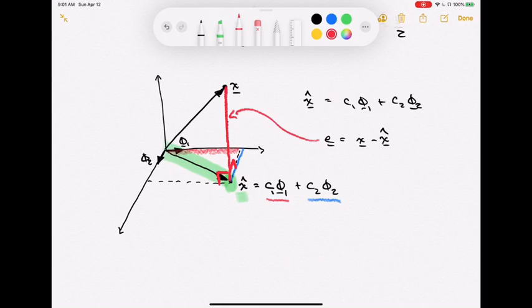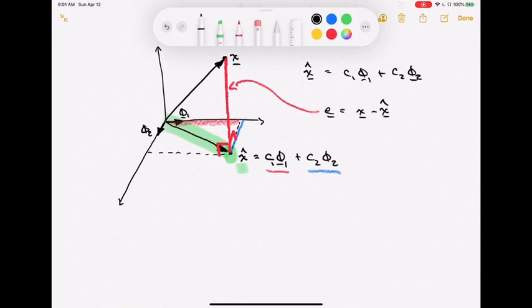The linear combination, the C1 and C2 that give me the best x hat, are the ones that cause the error to be orthogonal to all of the pieces, both phi1 and phi2. Okay, so let me summarize that here. We know that the best x hat has the error orthogonal to phi1, and it has the error orthogonal to phi2.